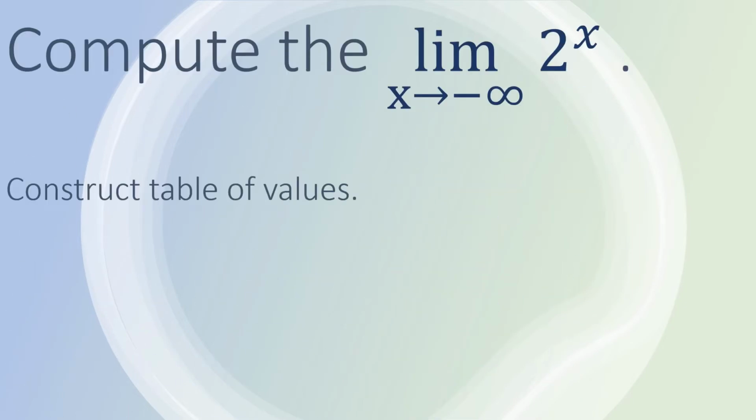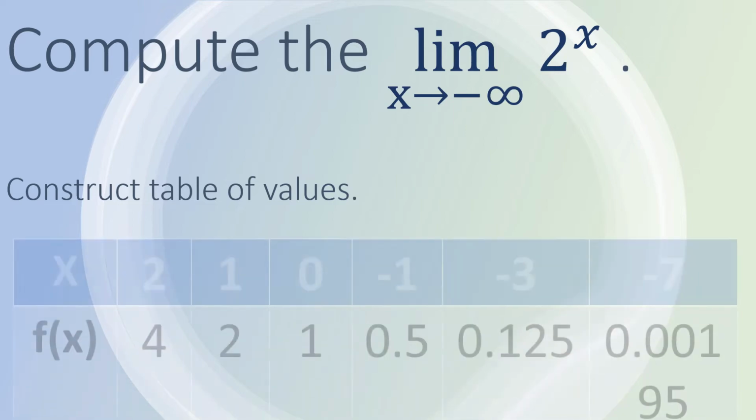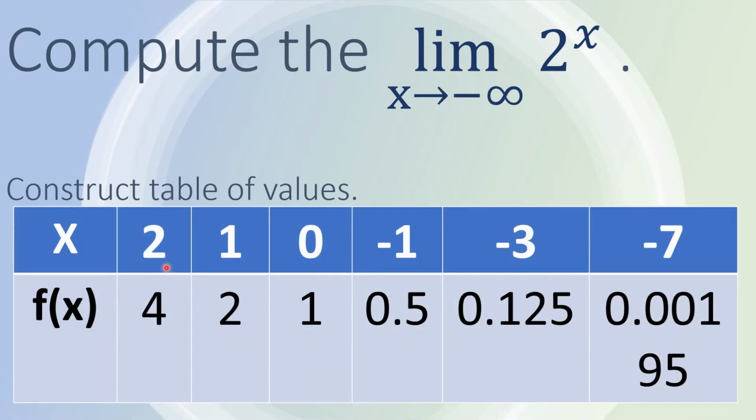Another example. Compute the limit of 2 to the power of x as x approaches negative infinity naman tayo. As we construct table of values, so negative infinity class, so let's have 2 pababa, 5 pababa, basta papunta negative infinity. 0, alam natin na 1. Negative 1, 2 to the power of negative 1, that's 0.5. Di ba 2 to the power of negative 1, magiging 1/2. 2 to the power of negative 7, 0.00781.